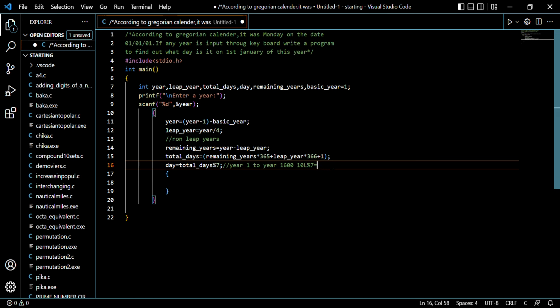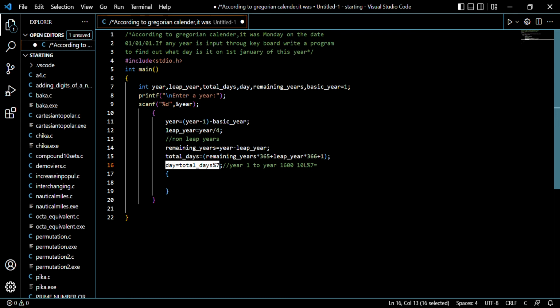So we are going to consider the last week. Out of all the days that we have gone through, we need January 1st, right? So for the first day of the year, we are calculating this. This sentence is for calculating what day it is on the 1st of January of that particular year.